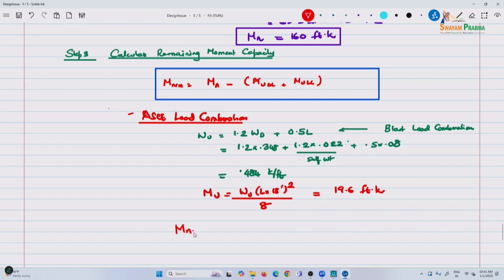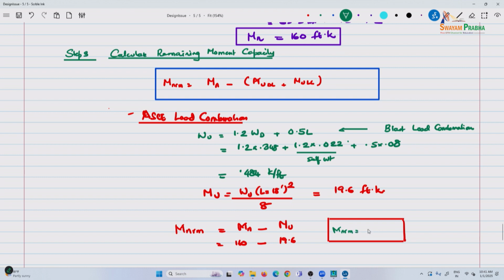So, Mn Rm is Mn minus M sub U. So, this is 160 minus 19.6. Now you might ask, why would you design a beam that needs only 19.6 foot-kips?